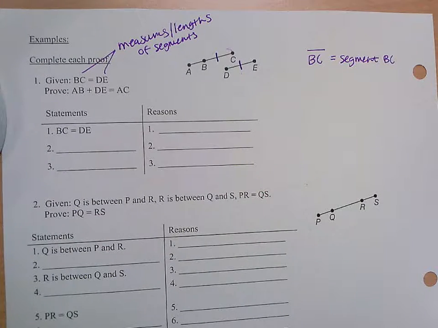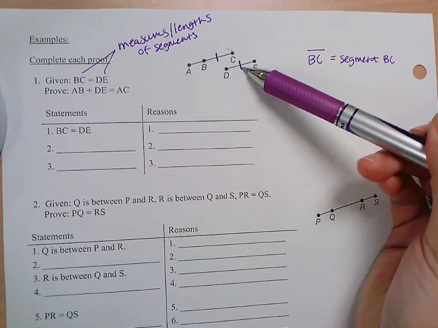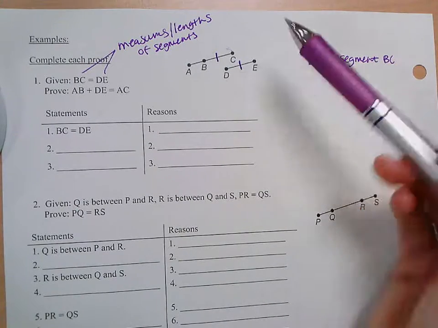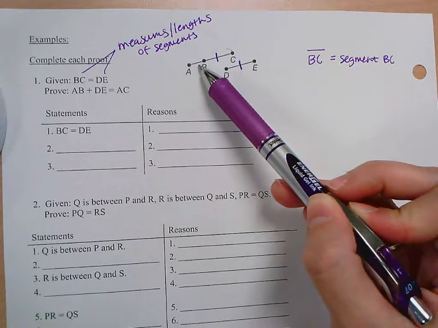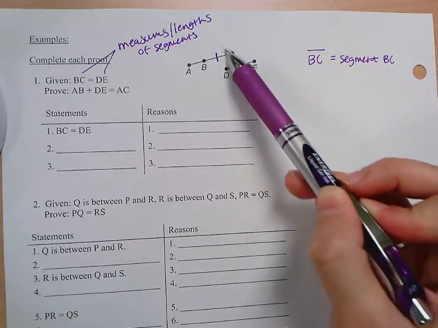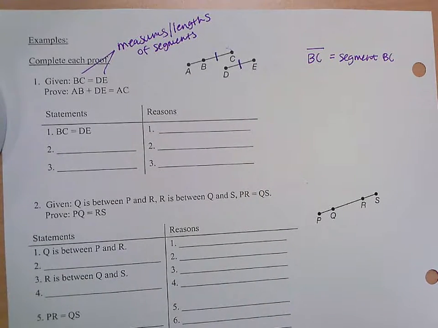Okay, that's what you're trying to prove. Hopefully by looking at that, it makes sense because you know that these 2 things are equal. So knowing these 2 things are equal, I should be able to add AB and DE to get the length of this. But that's what I have to come up with the reasons for.